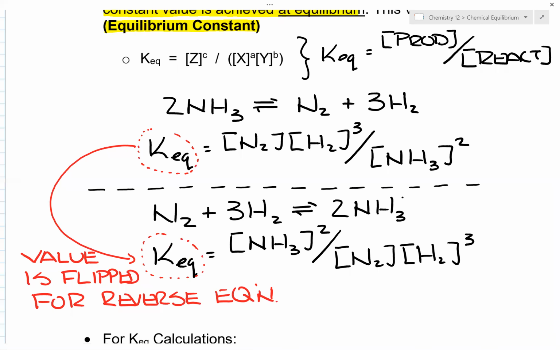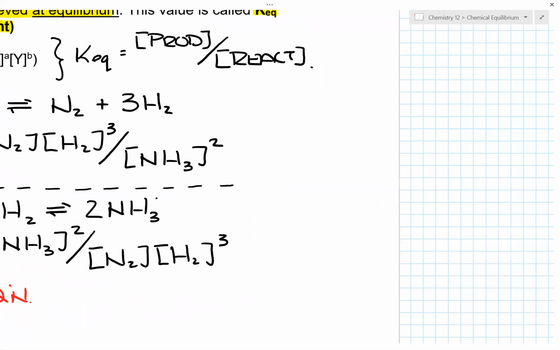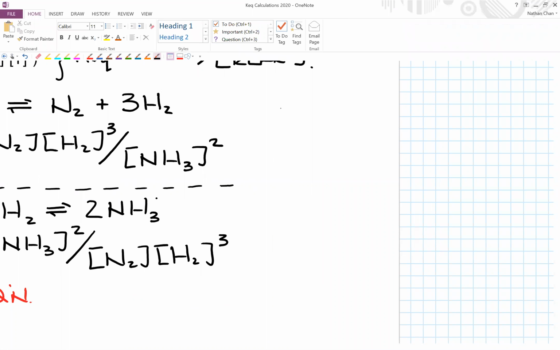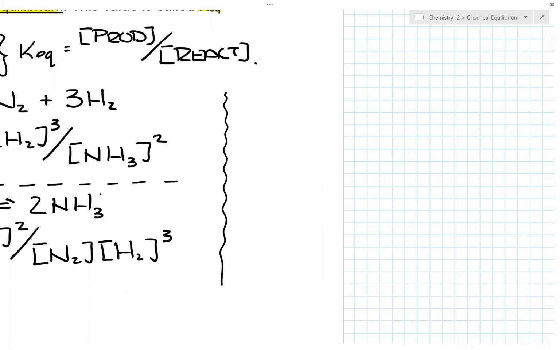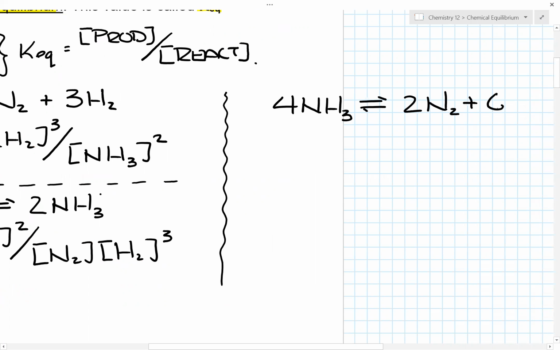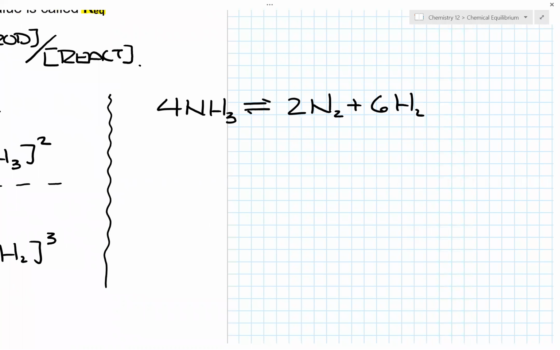Now, another option would be, what if I doubled the equation? What if I doubled the concentration? So, sorry, doubled the coefficients. So, let's say I have 4NH3 in equilibrium with 2N2 and 6H2. Now, how would that work?